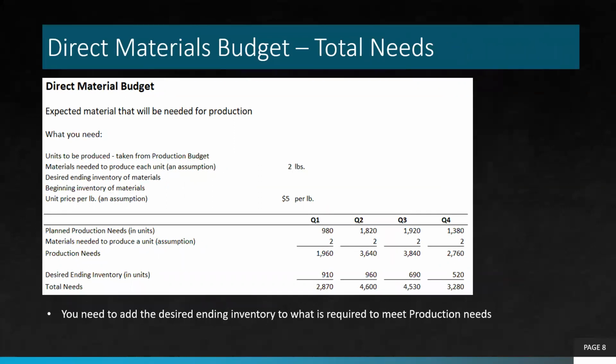So what we're going to do is add the desired ending inventory to what is required to meet the production needs. So we needed 1,960 pounds, but I want to have 910 pounds left over. So I need a total of 2,870 pounds in Q1, and the rest is the same calculation.